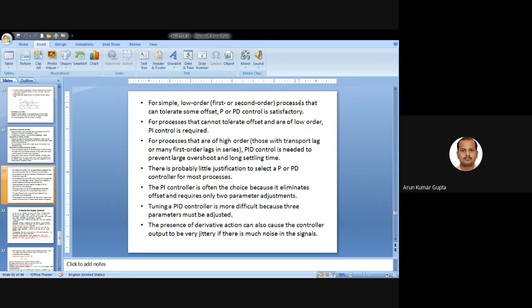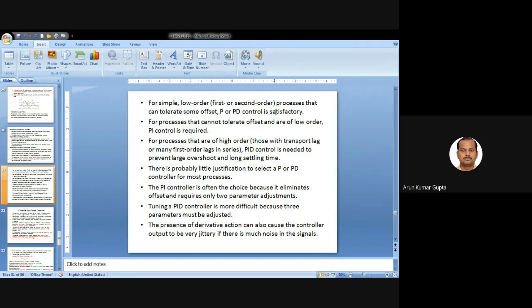Let's say your temperature is 50 degrees, and if you define this as a low order process, this means the temperature can vary from 80 to 20, or maybe plus minus 30 degrees, maybe plus minus 10 degrees, maybe plus minus 2 degrees. So it defines low order and high order. Low order means more variation.